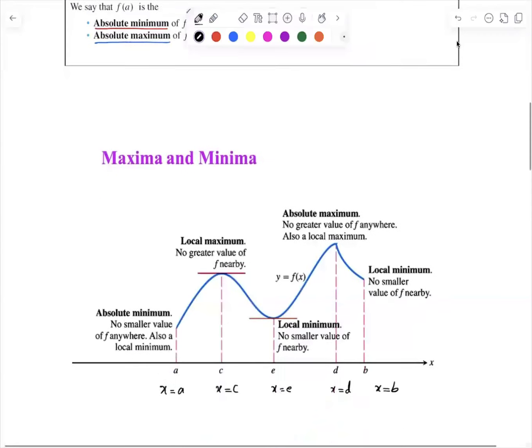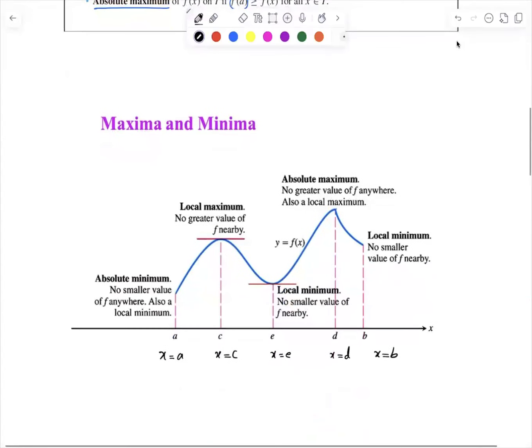Let's take a look at this visualization together. Here on the horizontal line, we have x equals a, x equals c, x equals e, x equals d, and x equals b. Take a look at your output values. When x is equal to a, you have f of a. When x is equal to c, you have f of c.